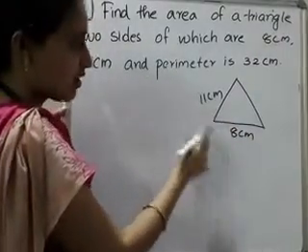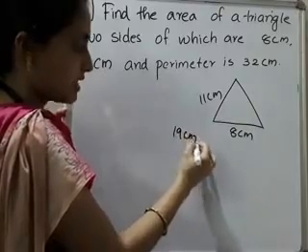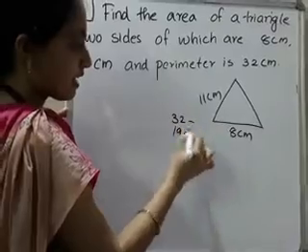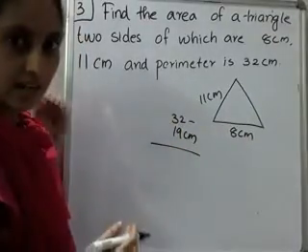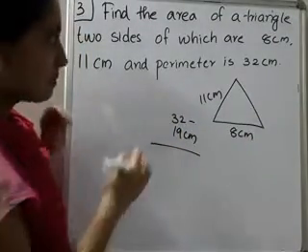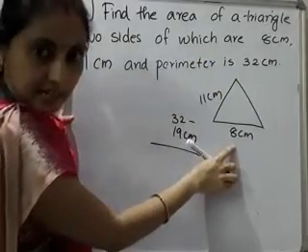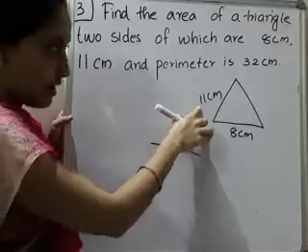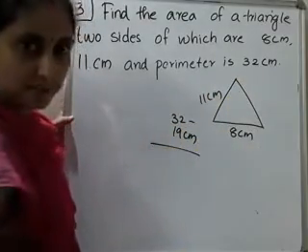And these two together give 19 centimeter. So total is 32. So 32 minus 19 gives the third side. Once again listen here. One side is 8 centimeter, another side is 11 centimeter, both given. So you want to find the third side.